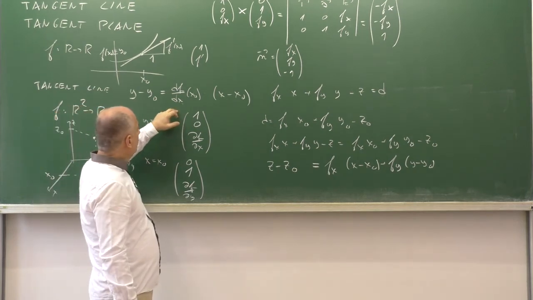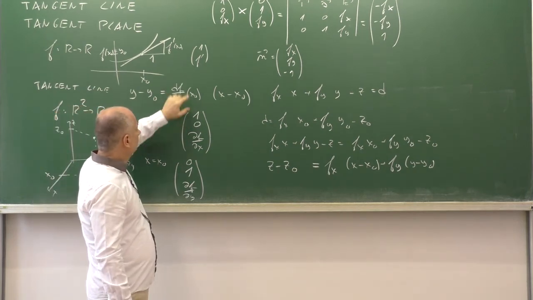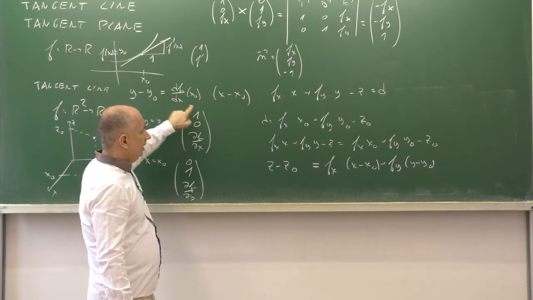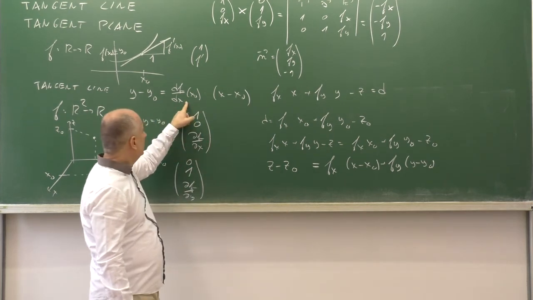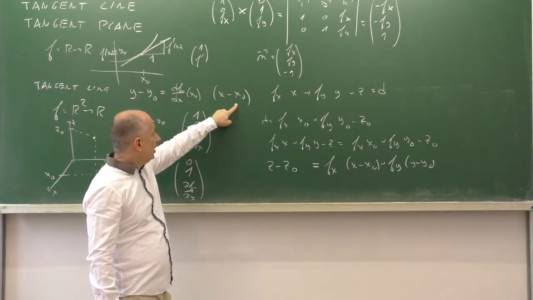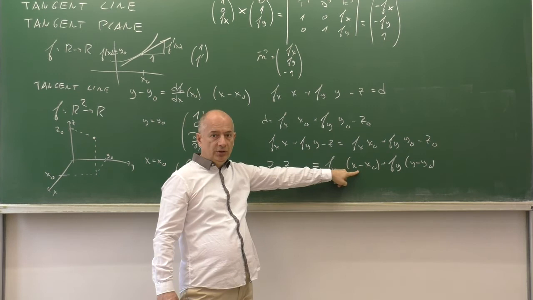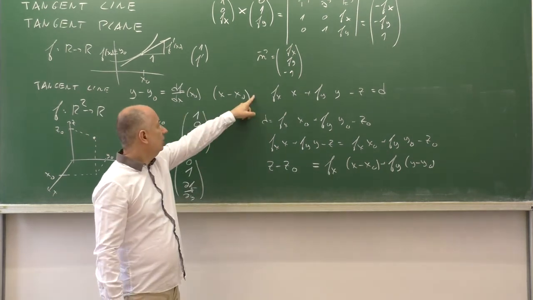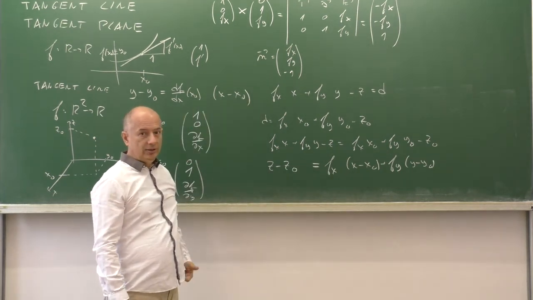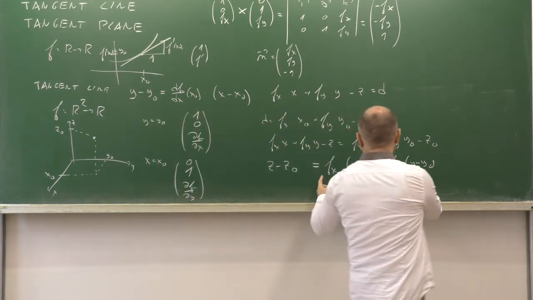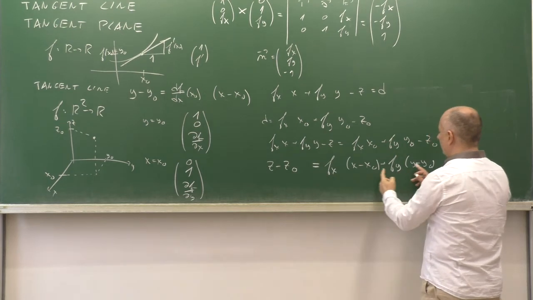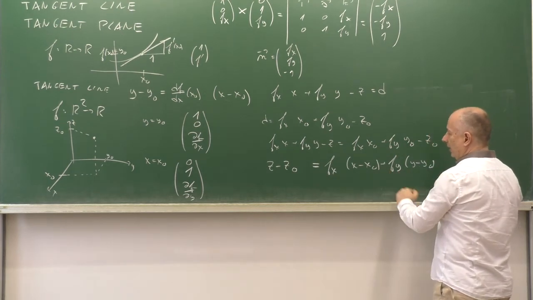And then we have some coefficient which is equal to the derivative. This is the derivative of f with respect to x times x minus x0. Well, and that's all for the tangent line. And for the tangent plane, we have a similar term like that, just for the other independent variable.